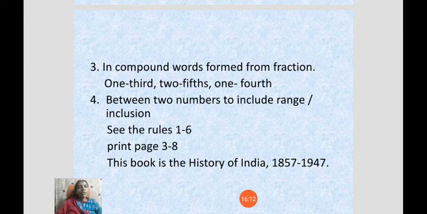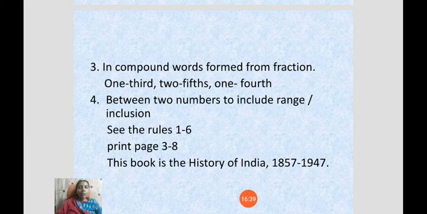Between two numbers to include range or inclusion. See rules 1 to 6. For example, print pages 3-8. We come across this when you open a printer and click the print option.